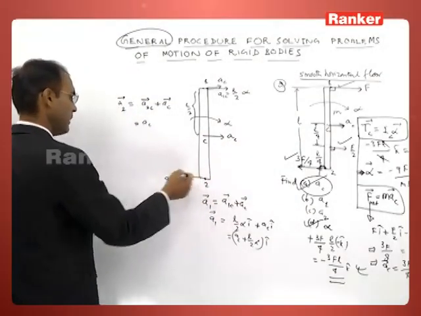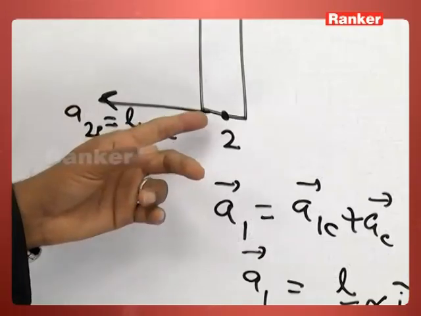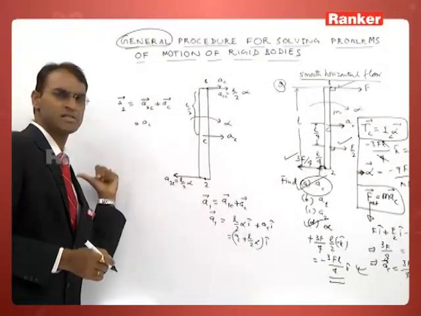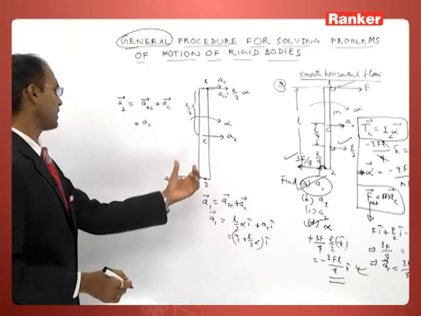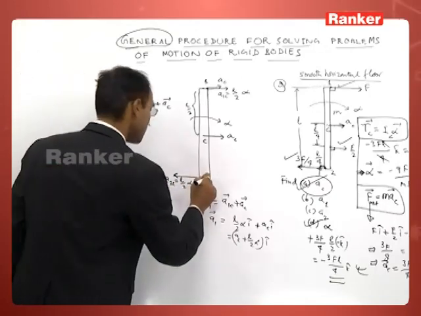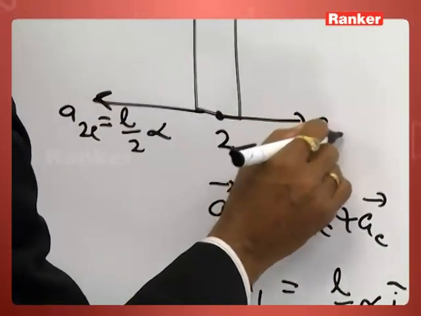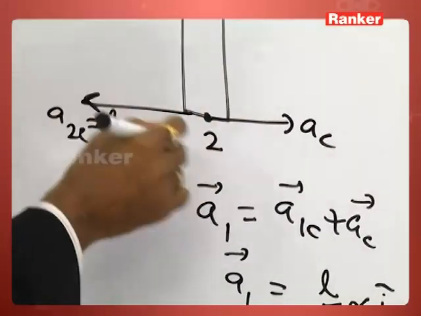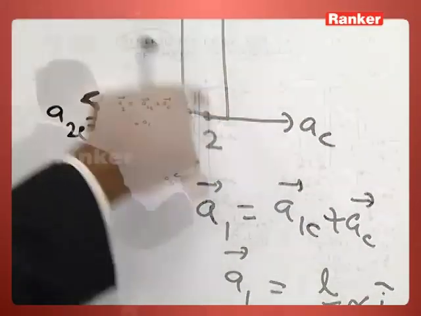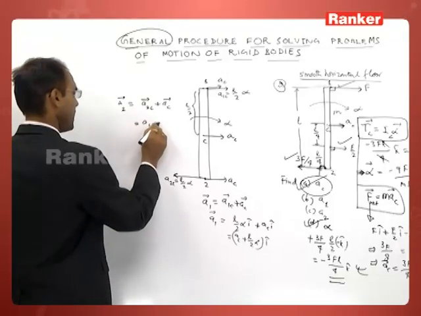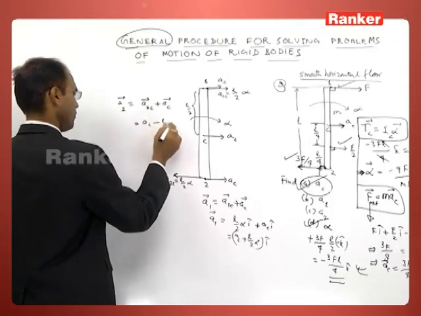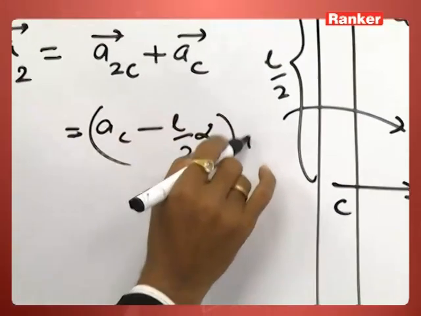Here L by 2 alpha, acceleration of this point with respect to center of mass, is directed towards left, and bring the acceleration of the center of mass vector to this point to get the net acceleration of this point 2. So AC minus L by 2 alpha i cap.